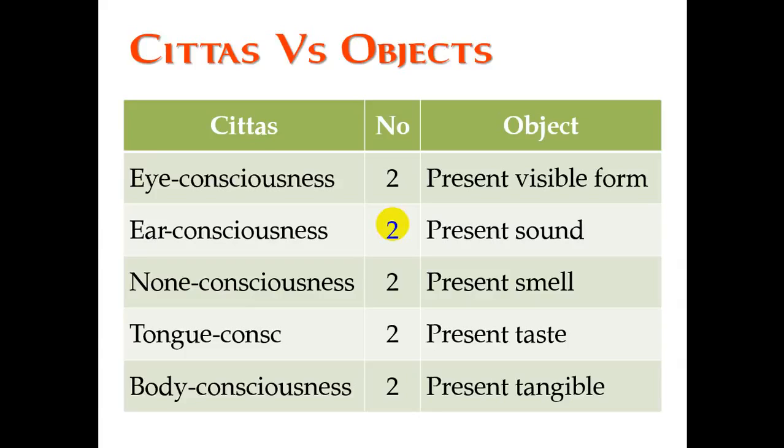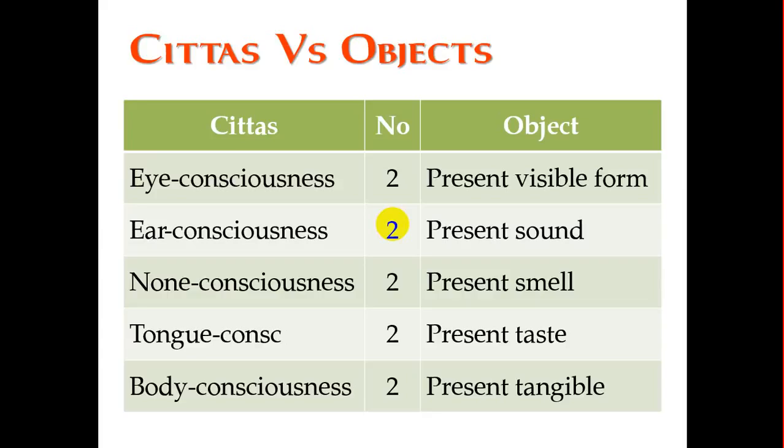Present visible objects. So you saw somebody yesterday, then you visualize in your mind, not with your eye. Therefore, the two types of eye consciousness just take present visible form only, right?